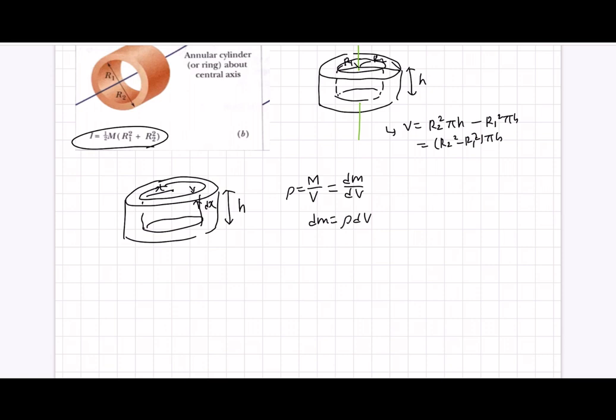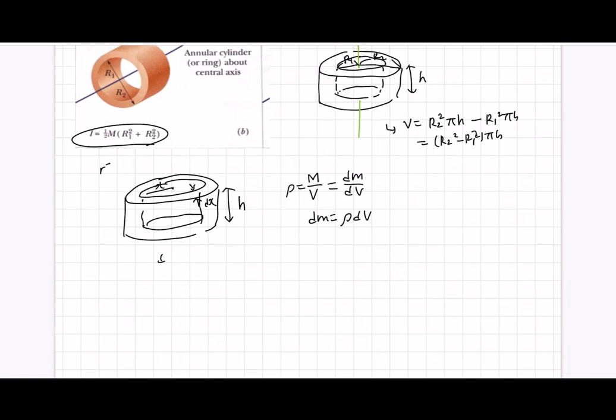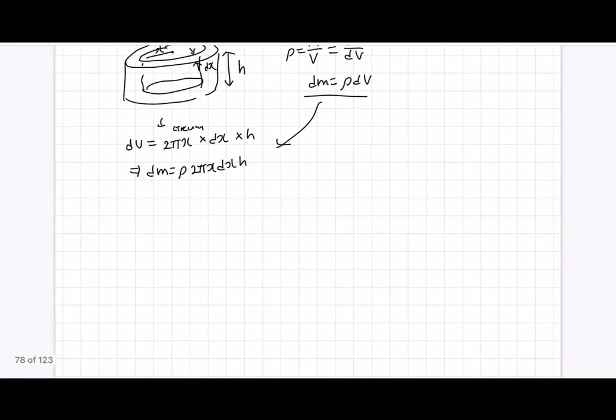And for this ring that you have divided, the dv of this ring would be equal to 2 pi x, which is the circumference, times dx, which is the thickness, times h, the height. And therefore, if you apply this into here, you will have dm equals rho 2 pi x dx h.